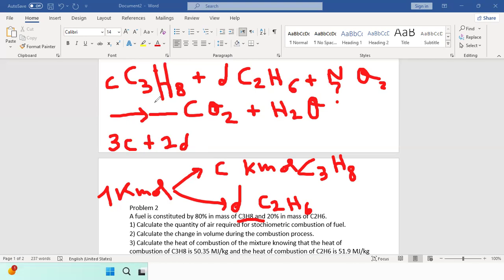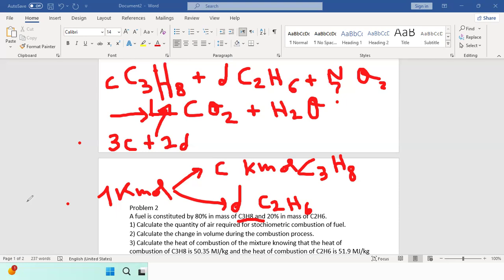So I can say that the coefficient of CO2 will be 3C plus 2D. So this is the coefficient to use here. This coefficient is 3C plus 2D. Now for H, similarly, I do the same approach.